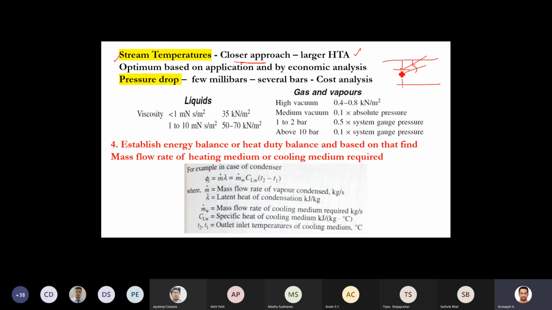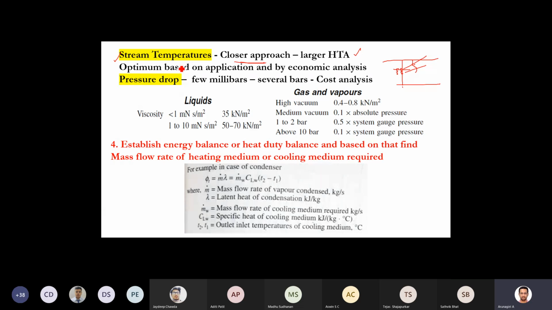This terminal temperature difference, the outlet temperature of the hot fluid and then inlet temperature of cold fluid, the difference between these two is called approach, especially in counter current flow. Okay, so if the approach is very close, your driving force will be less, your heat transfer area will be more.